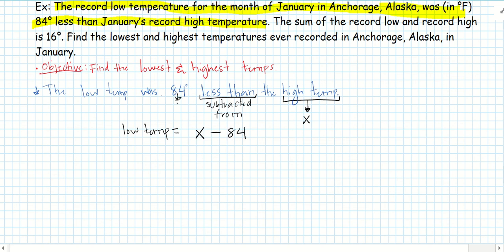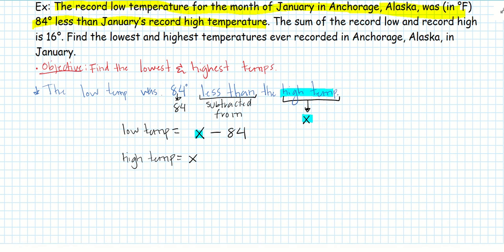Remember, we kept the 84, because the low temperature is 84 subtracted from X, saying X is the high temperature. Let's put blue for X. So that is what the low temperature is. And then just to write it down, the high temperature is X, which is what I assigned originally.